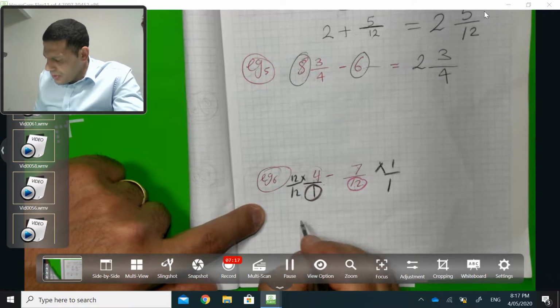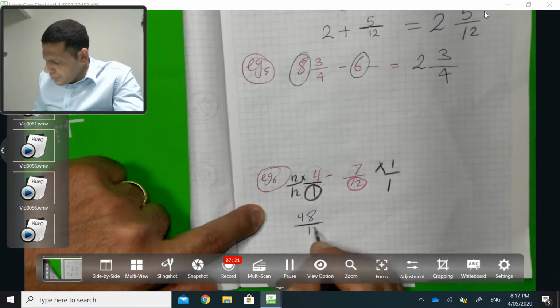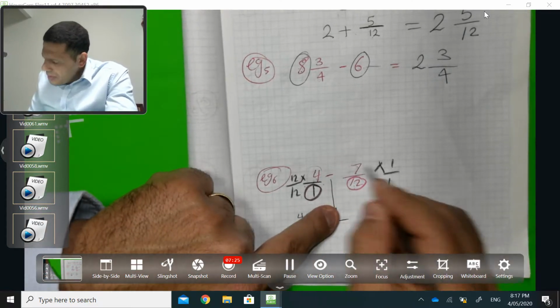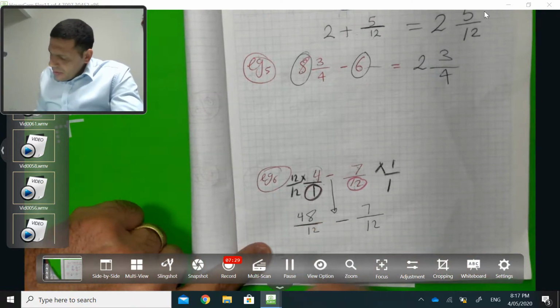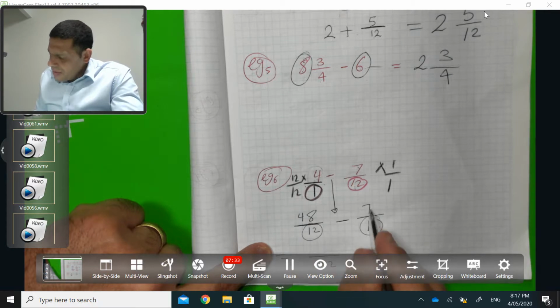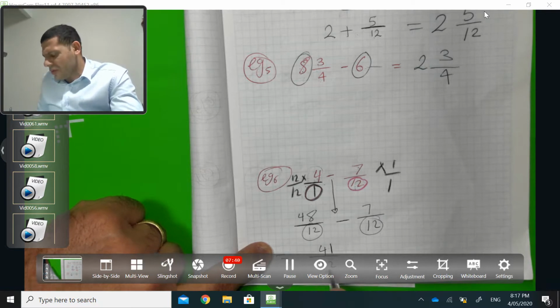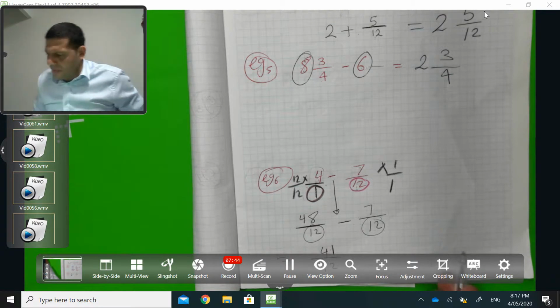Then we write down the new fraction. 4 times 12 is 48 over 12 times 1 is 12, and then minus 7 times 1 is 7 over 12 times 1 is 12. Now you keep 12 the same. 48 minus 7 is 41, and we cannot simplify 41 over 12, so we name this the simplest form of the fraction.